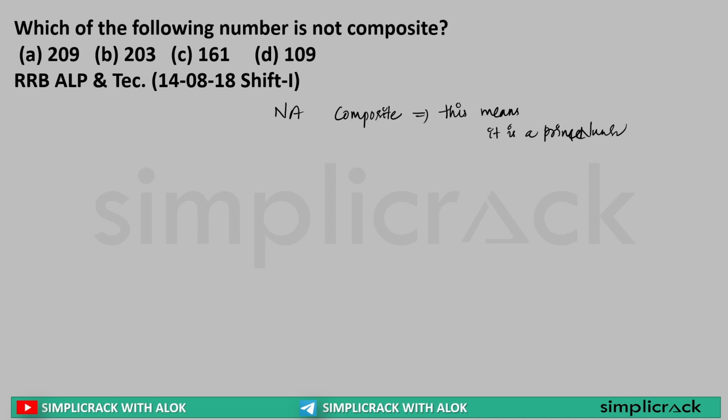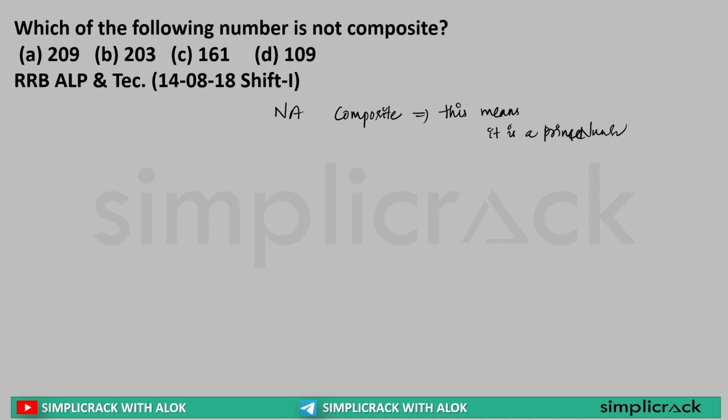It should have only one condition, that it should have one and that same number as its only factors. So what are the numbers greater than 100 which are prime numbers? Either you can remember that or you can simply use the logic.